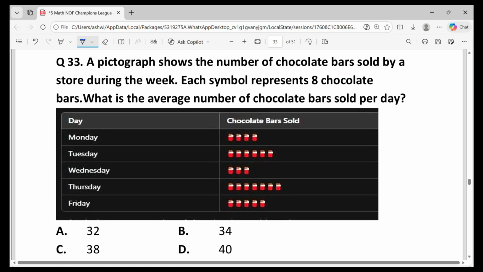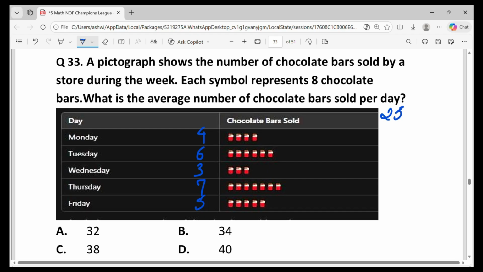Question 33. A pictograph shows the number of chocolate bars sold by a store during the week. Each symbol represents 8 chocolate bars. What is the average number of chocolate bars sold per day? The total number of symbols is 4 plus 6 plus 3 plus 7 plus 5, that is equal to 25.